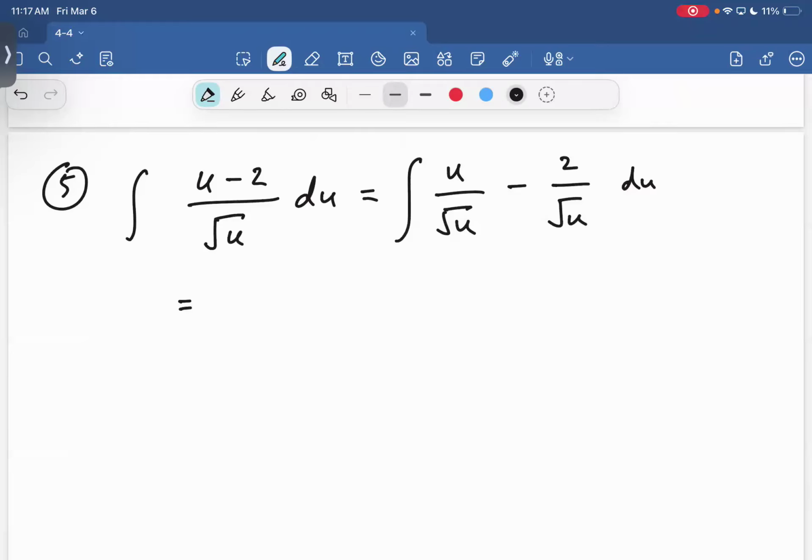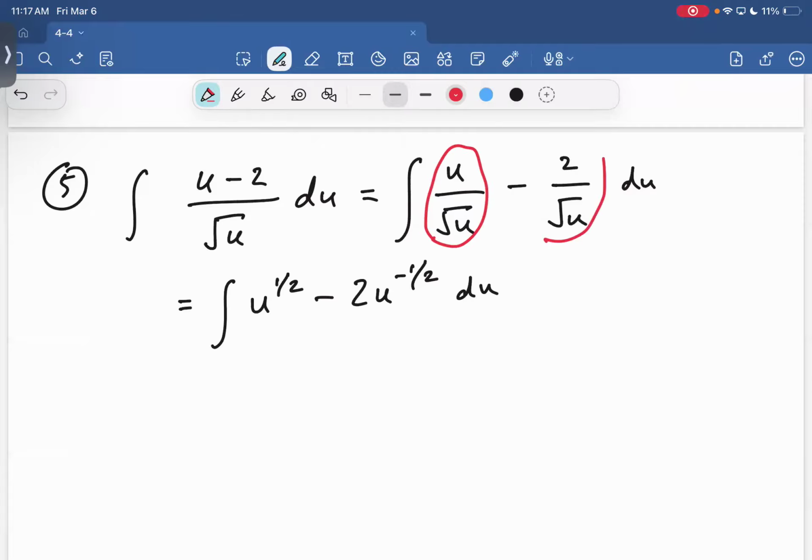After I split it up into 2 fractions, I can then write it as u to the 1/2 minus 2 times u to the negative half. Because u divided by square root u is u to the 1/2, and then 2 divided by root u is 2 times u to the negative half.